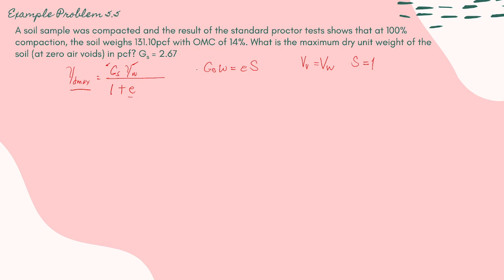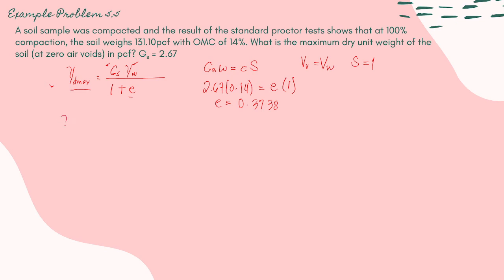We can now substitute: 2.67 times the moisture content, 0.14, is equal to the void ratio e times 1. And void ratio e is equal to 0.3738.